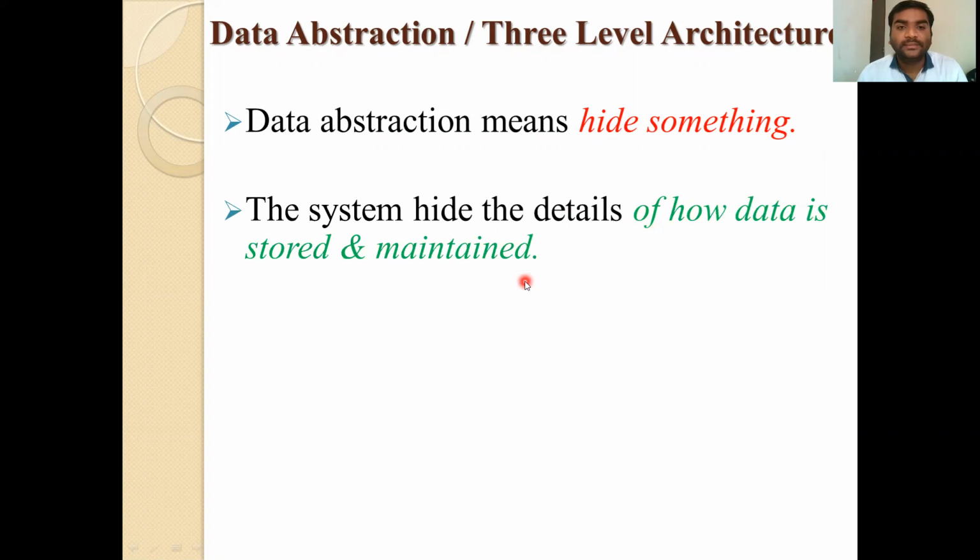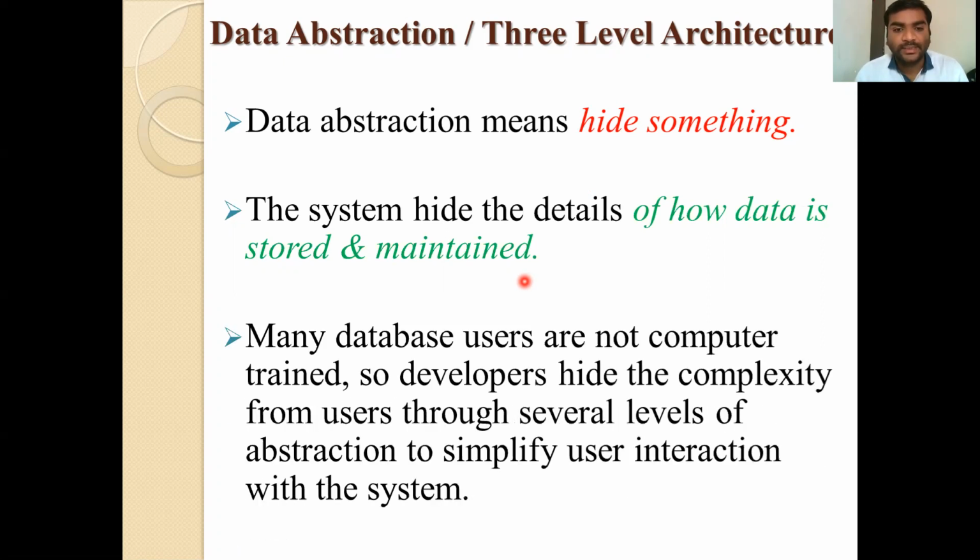The data abstraction concept hides the detail of your data, how actually that data is stored and maintained in your system, from the external world. Means an external person or external system does not get knowledge about how your data is maintained and stored in your database. So that is the main function of the data abstraction.